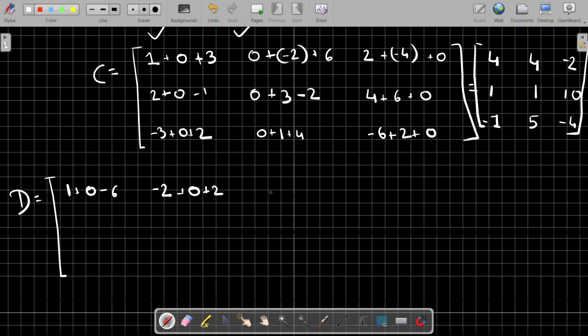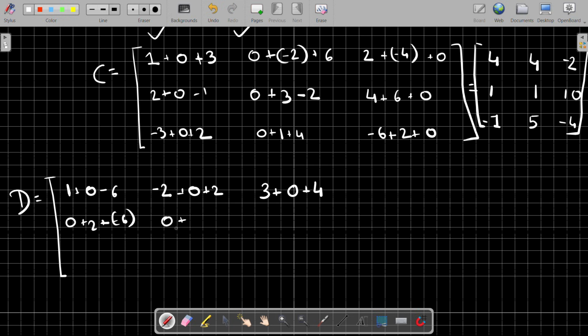Element 3, this will be 3 plus 0 plus 4. This will be 0 plus 2 plus minus 6.